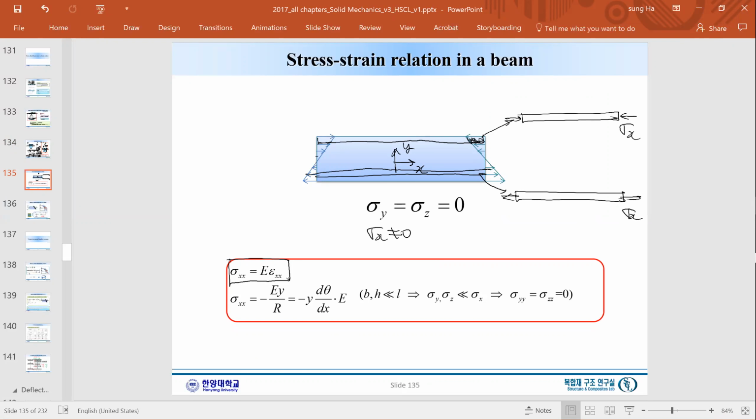So no matter which part we consider, this part and that part, each part is always subject to sigma x only.